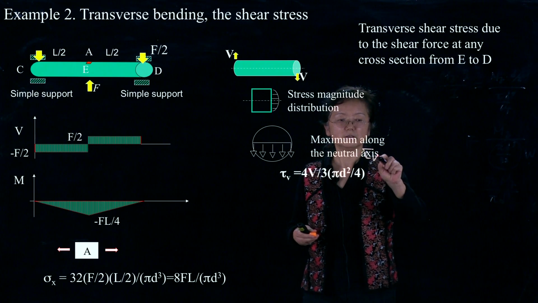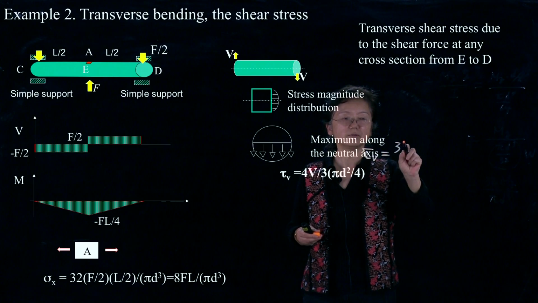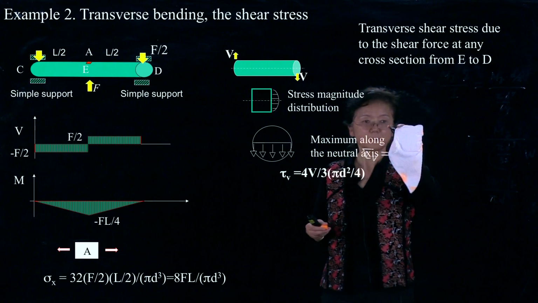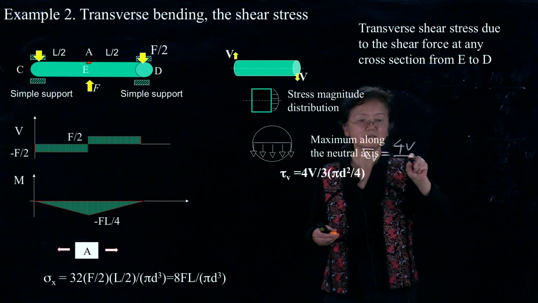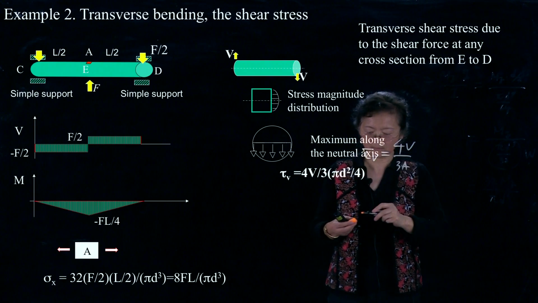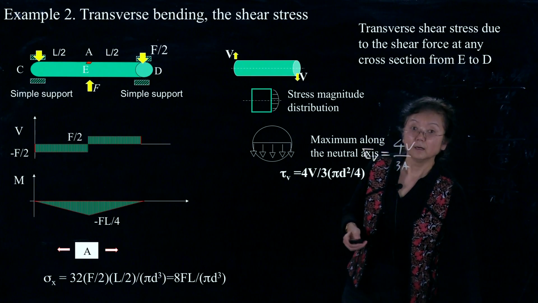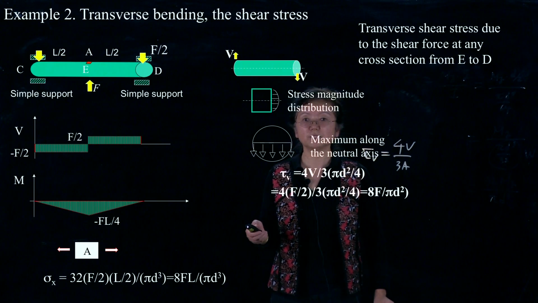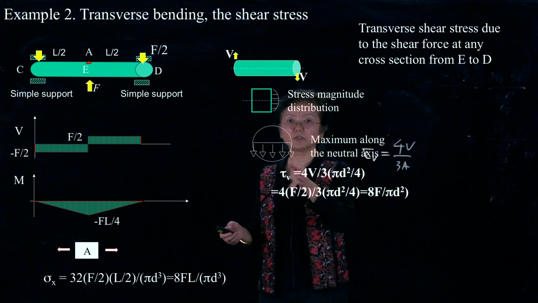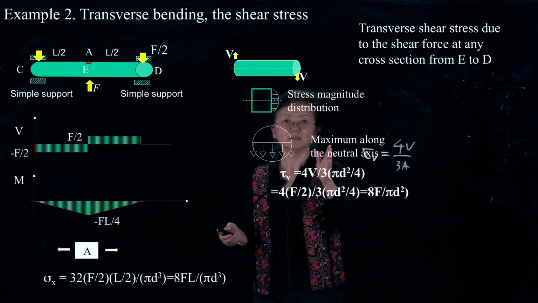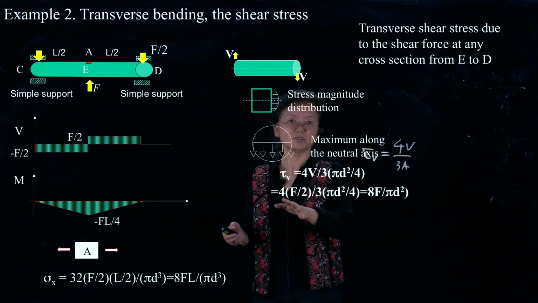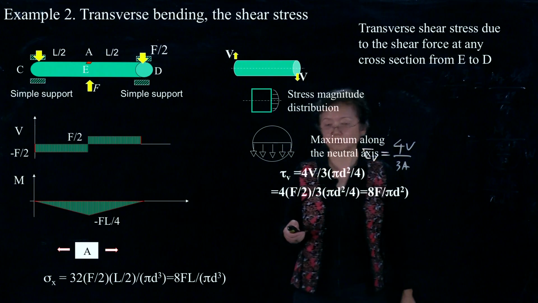Shear stress equals 4V divided by 3A. Okay? All right. So for this particular case, we know the shear force is F divided by 2, and we end up with just this total value.